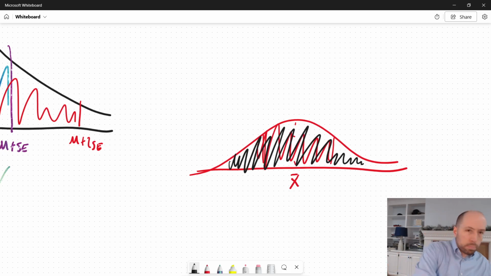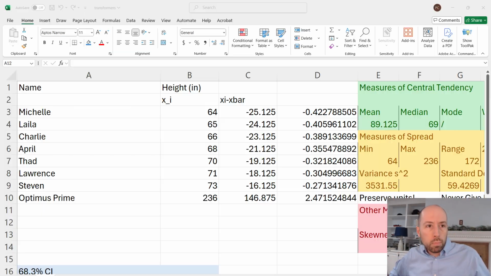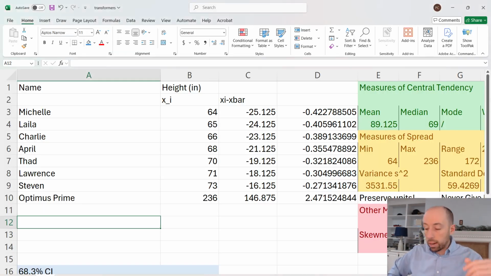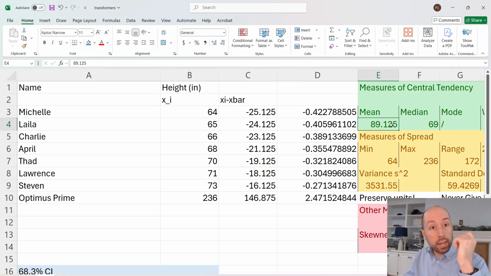So let's try one out. Jump over here to Transformers data, more than meets the eye. And I've got 8 observations. I've got some summary statistics already built. I have the mean is here, so my sample average is 89.125. And suppose I want to come up with the average height of the entire population, which apparently includes some giant robots.